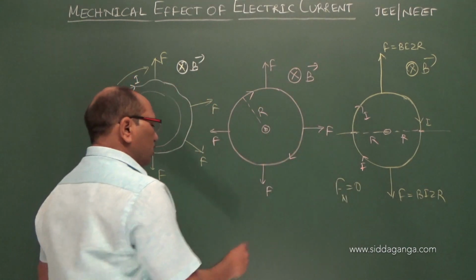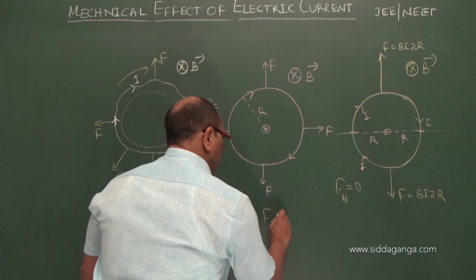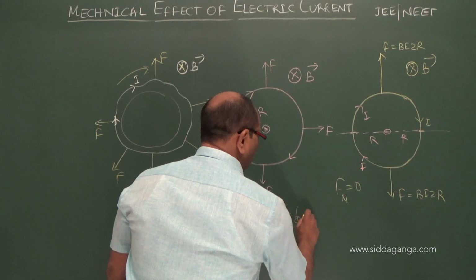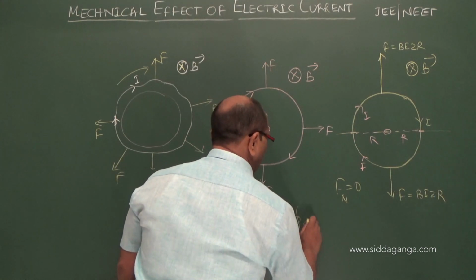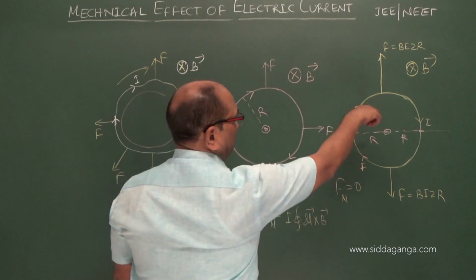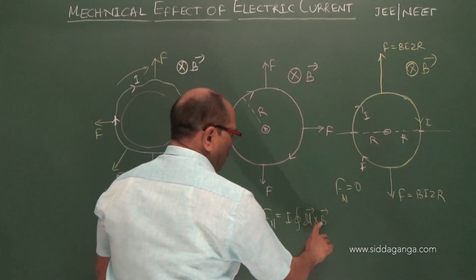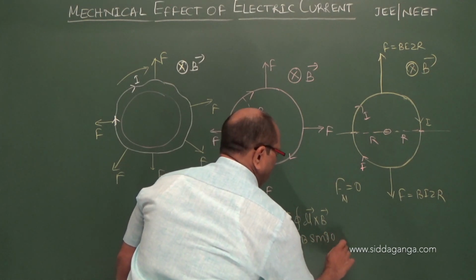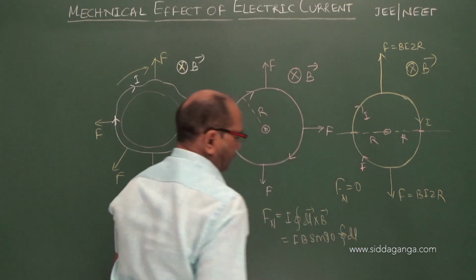Or I can say the net force equals I times the integration of dl cross B. Since they are perpendicular, I can write IB sine 90 times the integration of dl.